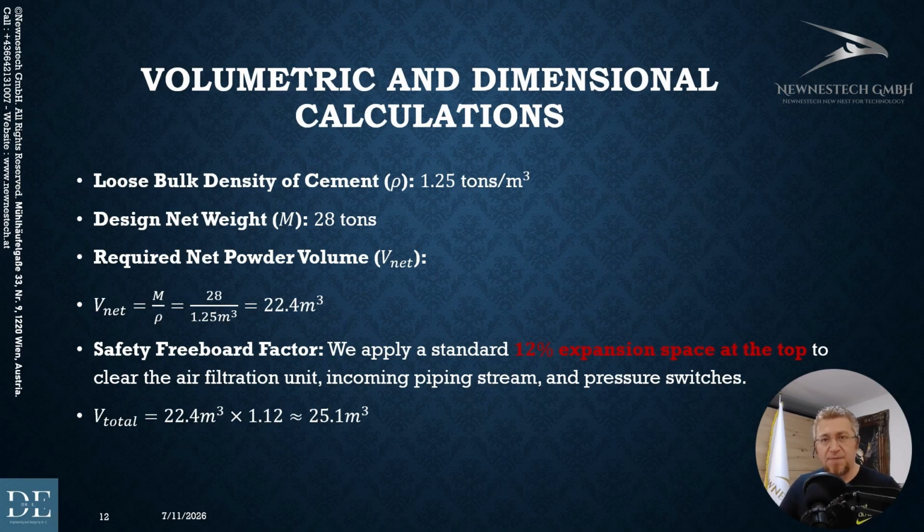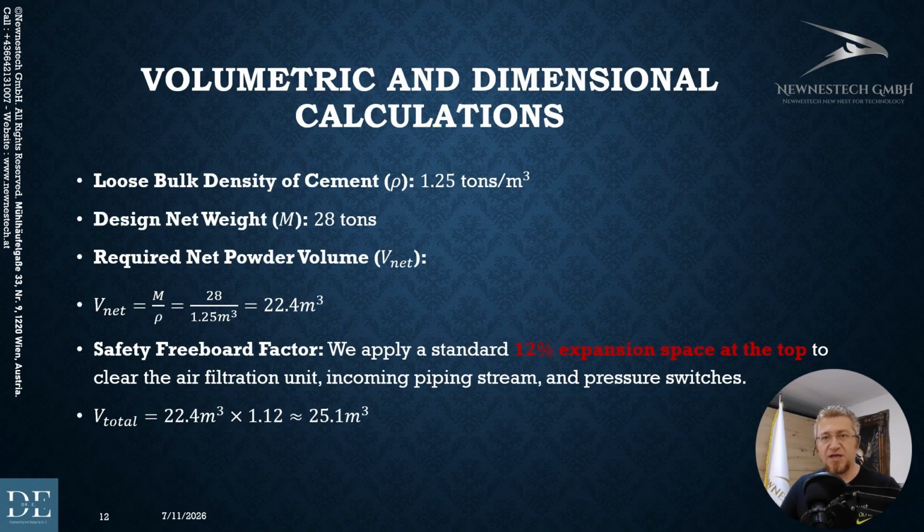Great, now with our capacity target set, let's calculate our required internal volume based on material characteristics. The loose bulk density of cement is roughly 1.25 cubic meter, a value driven by the air entrapped during pneumatic handling. To hold a net weight of 28 tons, we require a minimum net powder volume of approximately 22.4 cubic meter.